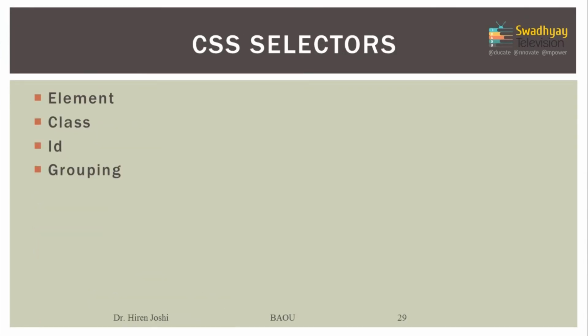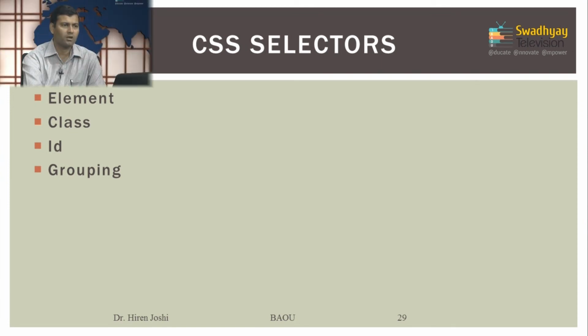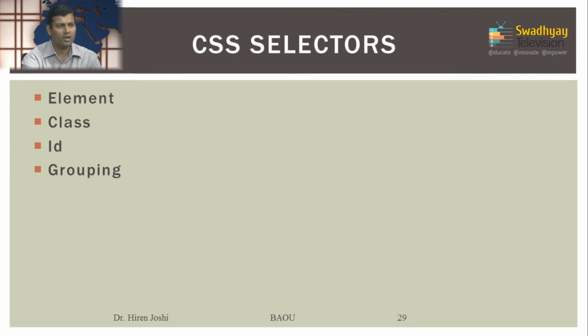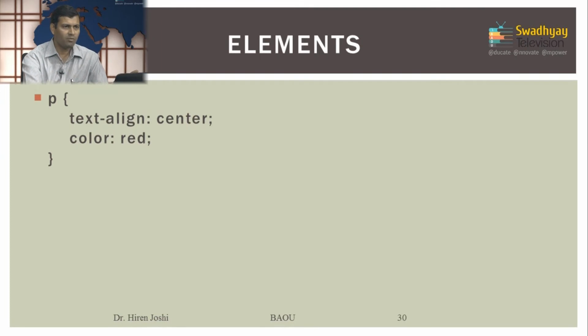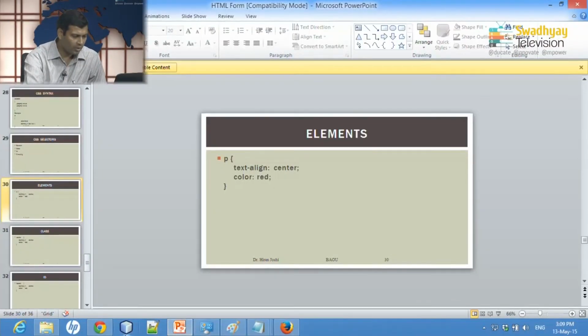Now, here you can define many selectors. It can be an element, you can also create a class, you can also create an ID for identification, and you can make grouping of CSS. This is an element, we take example P or H1. So, if you define P, text align is center and color is red. To give you a brief idea, let me just open one file.